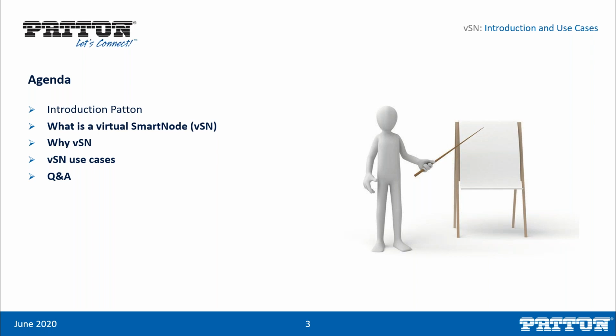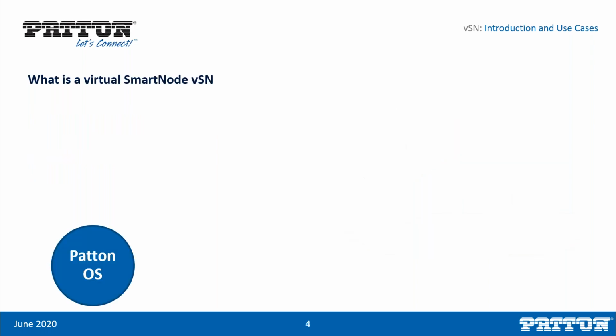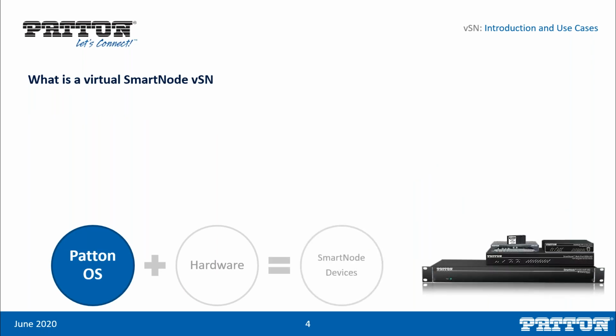That's it for the housekeeping, so let's start with what the Virtual SmartNode is, switching a few steps back to cover a little bit of history. As most of you know, what Patton does in terms of solutions and products is a piece of hardware called a SmartNode.